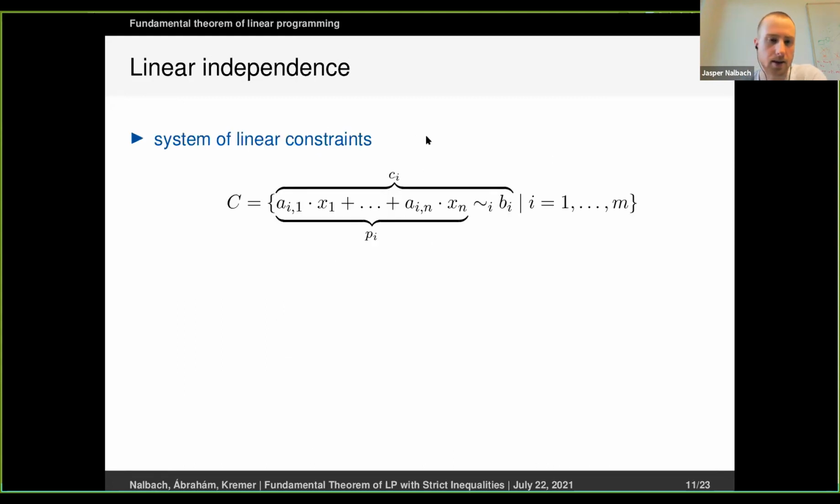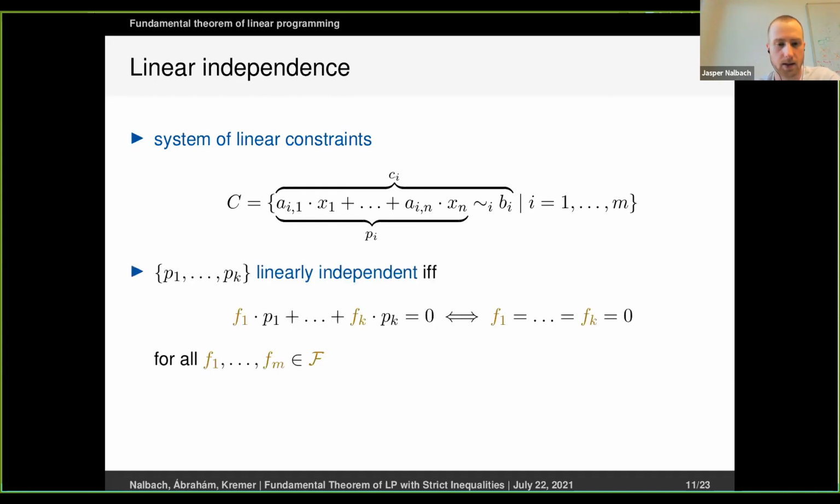Okay, for formalizing this, we need the notion of linear independence. So a set of linear combinations of variables, here Pi, is called linearly independent if and only if, whenever a linear combination of those Pi is 0, then the coefficients are already 0.